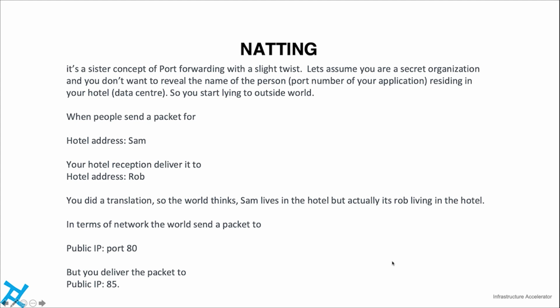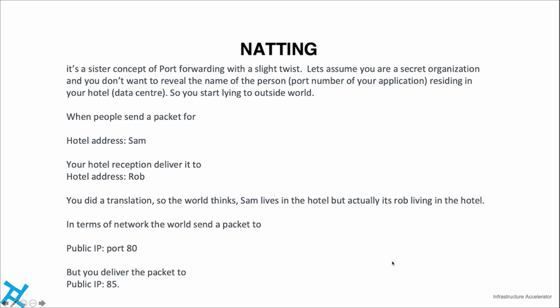Your hotel will deliver it to hotel address colon Rob. So the outside world will send a package for Sam, but the register which you maintain will deliver it to Rob. So you did a translation. So the world thinks that Sam lives in the hotel, but actually it is Rob who is living in the hotel. In terms of the network, the world sends a packet for port 80 and you deliver it to port 85.